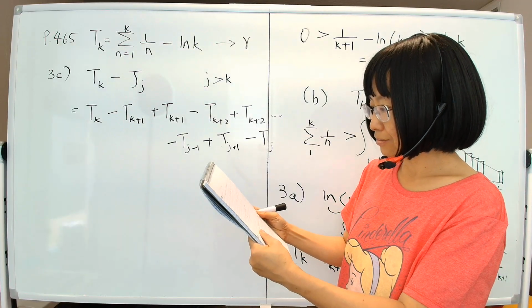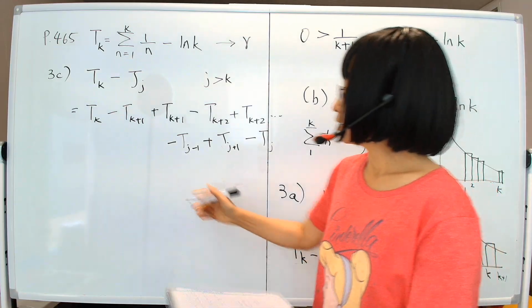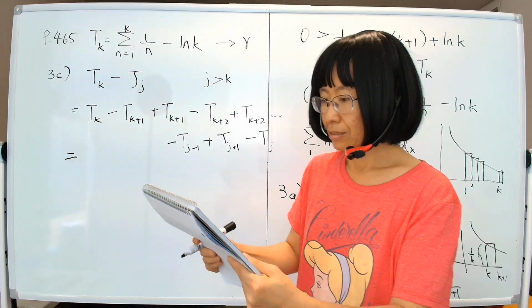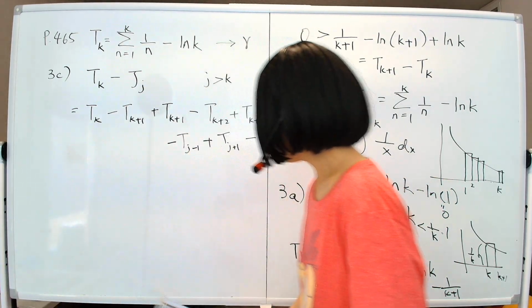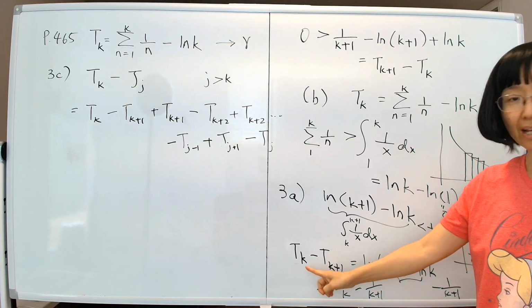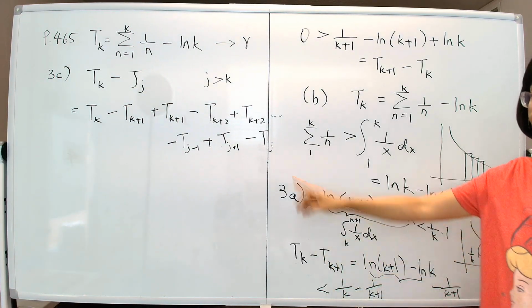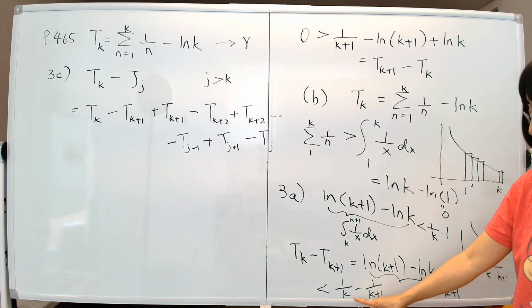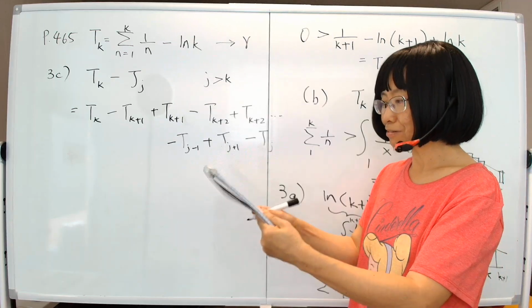And the point is, t_k minus t_(k+1) is less than each one of those things, less than 1 over k minus 1 over k plus 1. That's what we're shooting for.